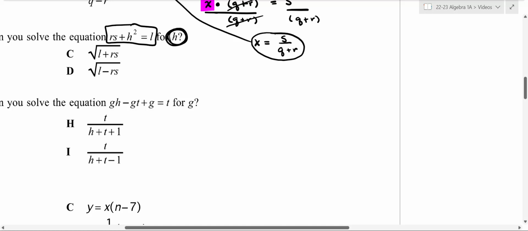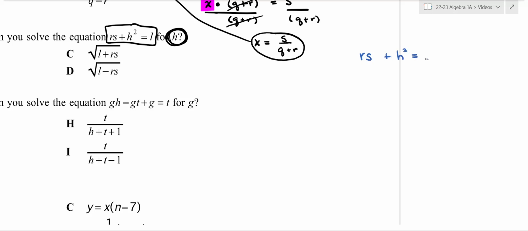Change color. RS, that means you're multiplying the R times the S, plus H squared equals L. And we want to solve for H. Well, the good thing is that H only happens on this term right here.